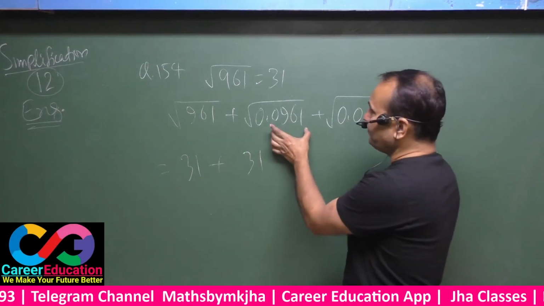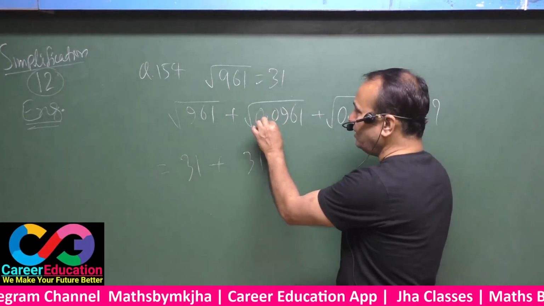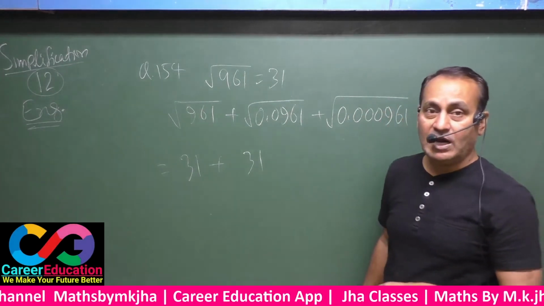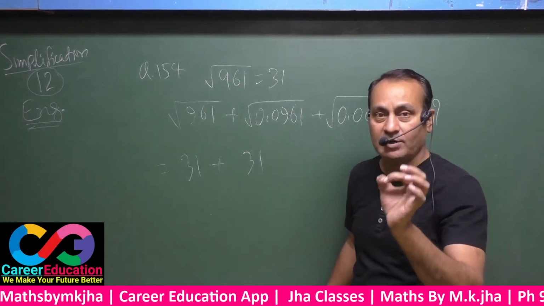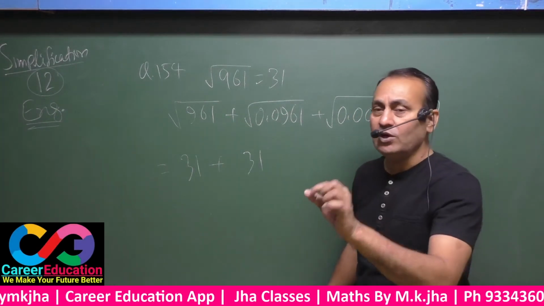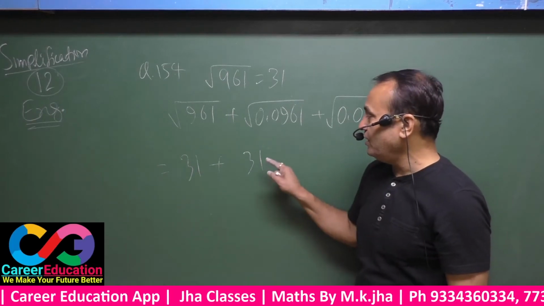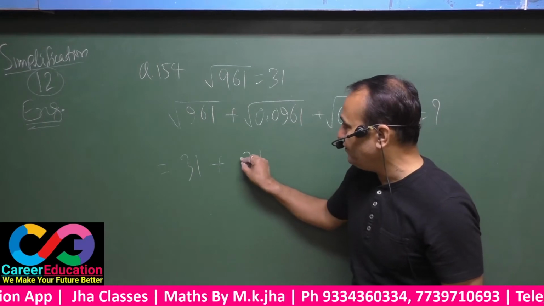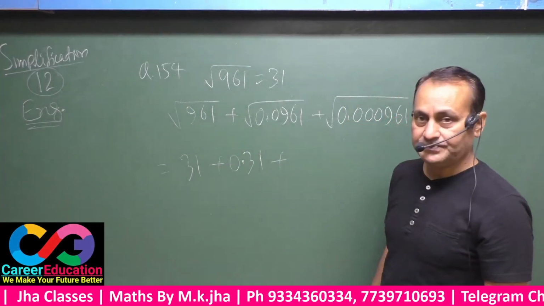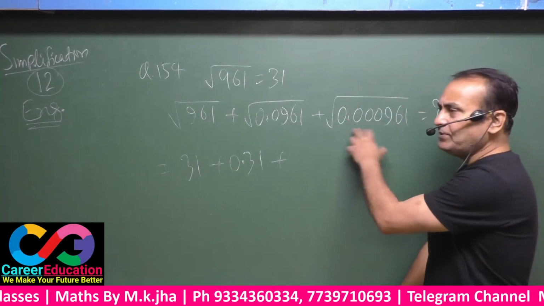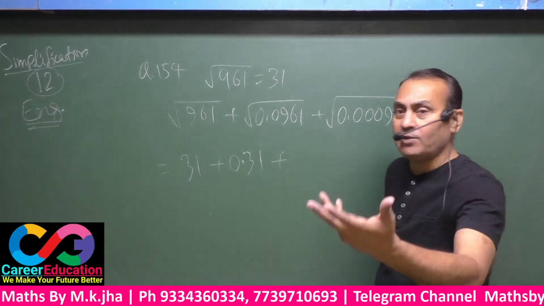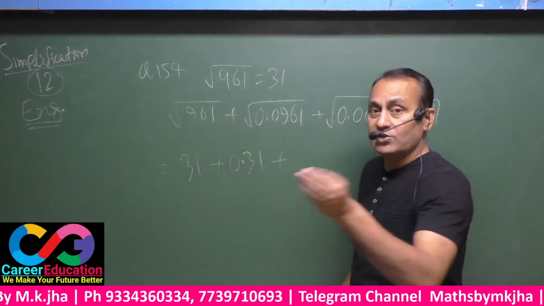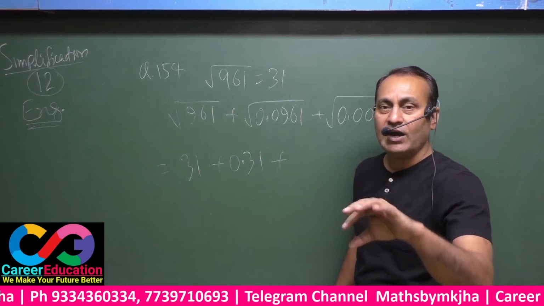But here there is a decimal after 4 digits. That means 4 divided by 2 is 2, so your decimal will be after 2 digits in the answer. That means 1, 2, here will be 1 decimal place. The decimal is after 6 digits. 6 divided by 2, since this is a square root, you get 3.